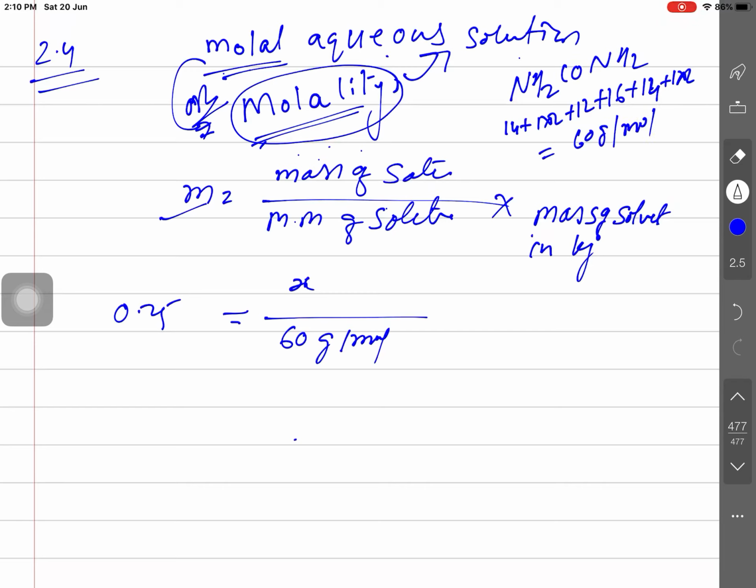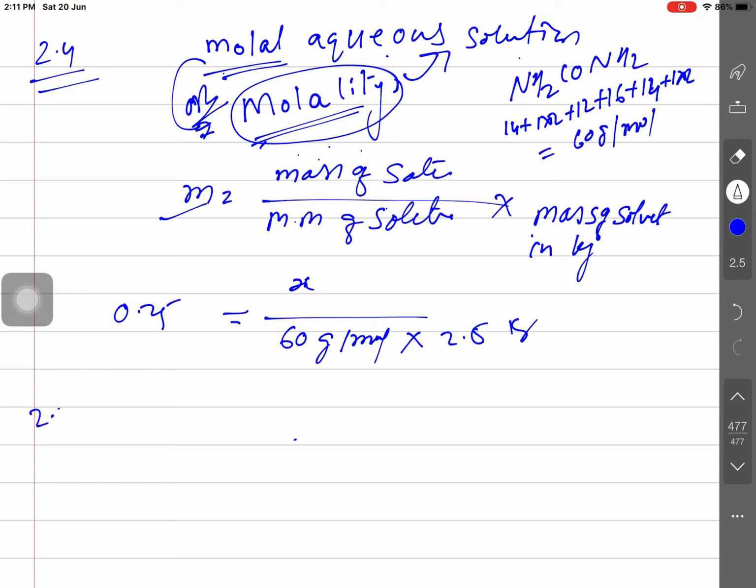And the mass of solvent in kg is 2.5 kg. You can solve this and check the answer.